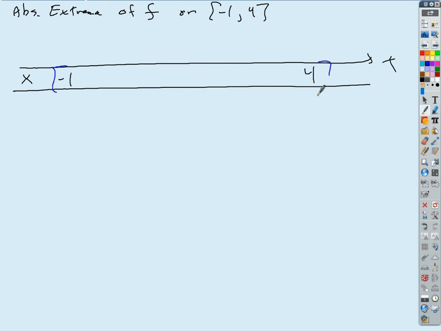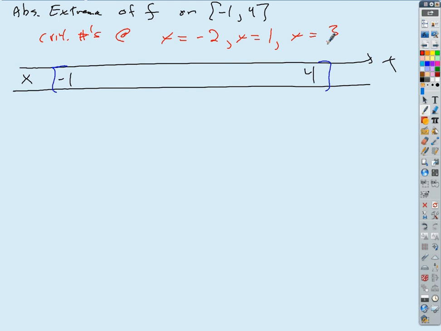But then I would find all the interior critical numbers, and let's just say hypothetically that I found critical numbers at x equals -2, x equals 1 and x equals 3. When I find the places where the derivative is undefined or equal to 0, those are the 3 places I come up with for my function.